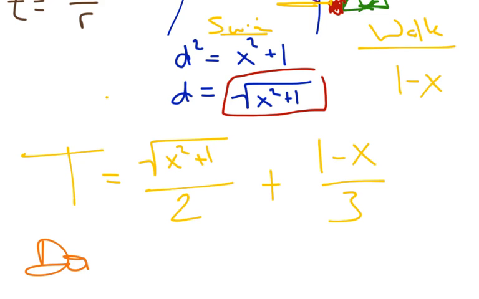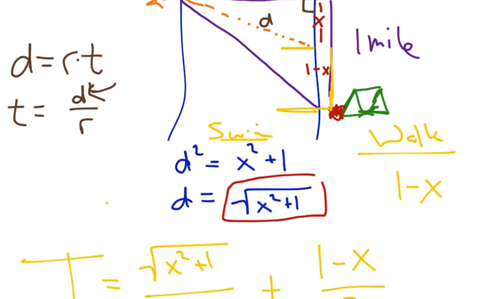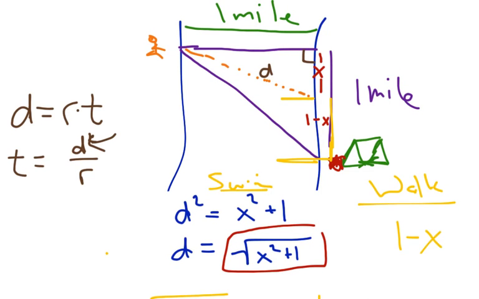The next thing we want to do is figure out the domain of T. We want to figure out all possible values of x that we can place in here. Let's go back up and look at the picture really quickly. We've actually already talked about this, but just to remind ourselves, we could swim straight across and then walk the full mile. And if we did that route, then x would in fact be 0 because we're swimming directly across.